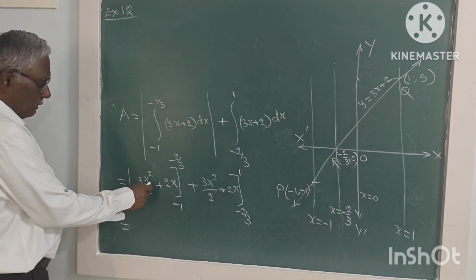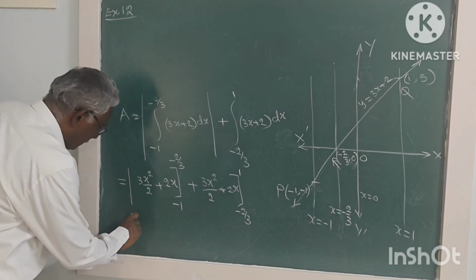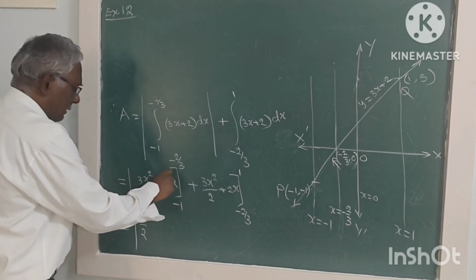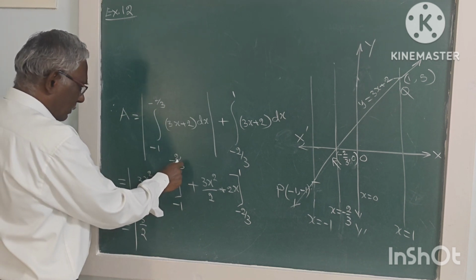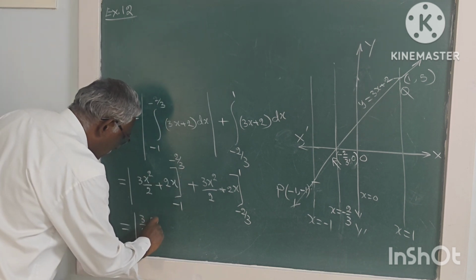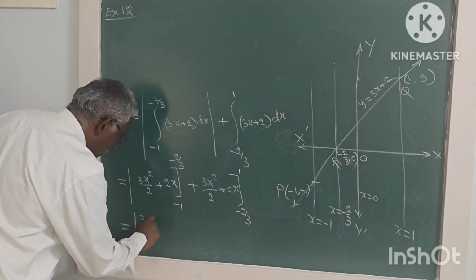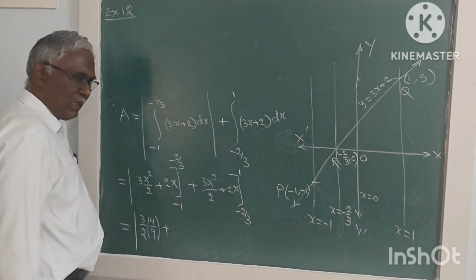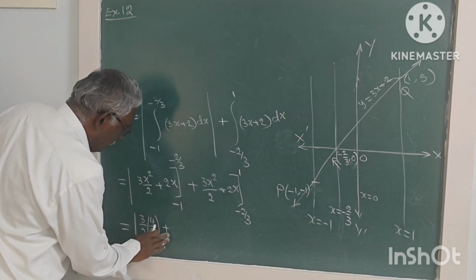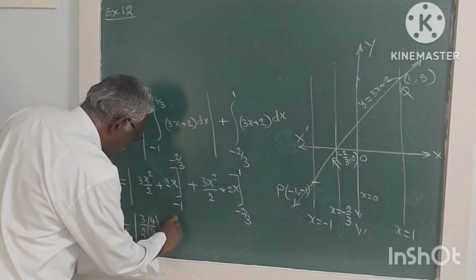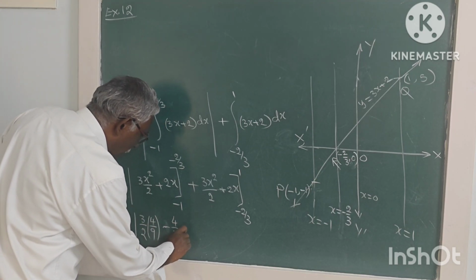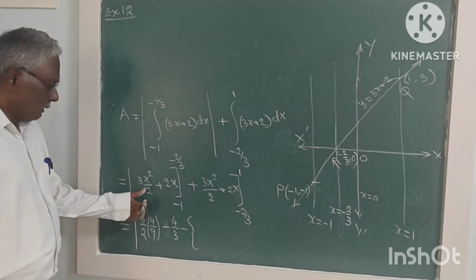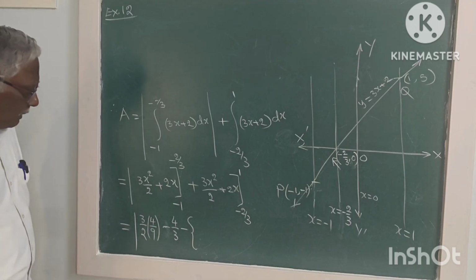For x, we will substitute minus 2 by 3. So modulus of 3 by 2 x square, so 4 by 9, plus 2 times minus 2 by 3, so minus 4 by 3, minus, now for x we will substitute the lower limit.